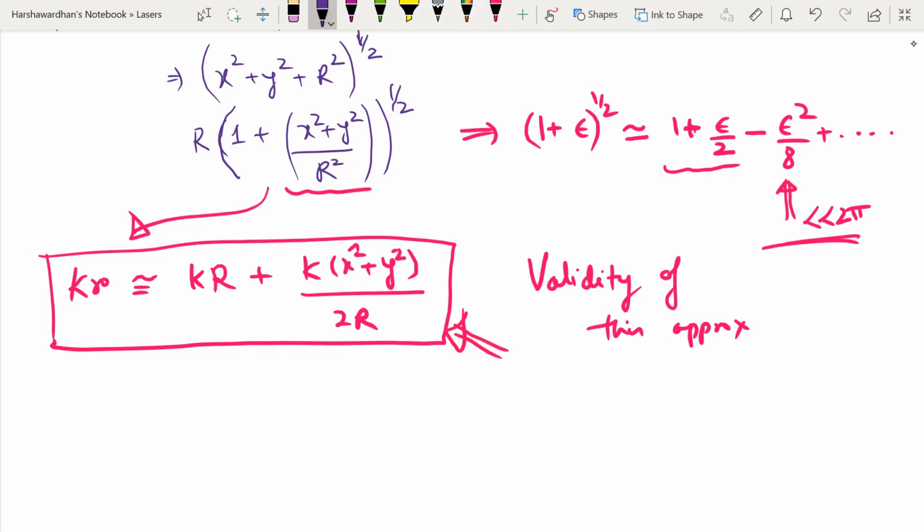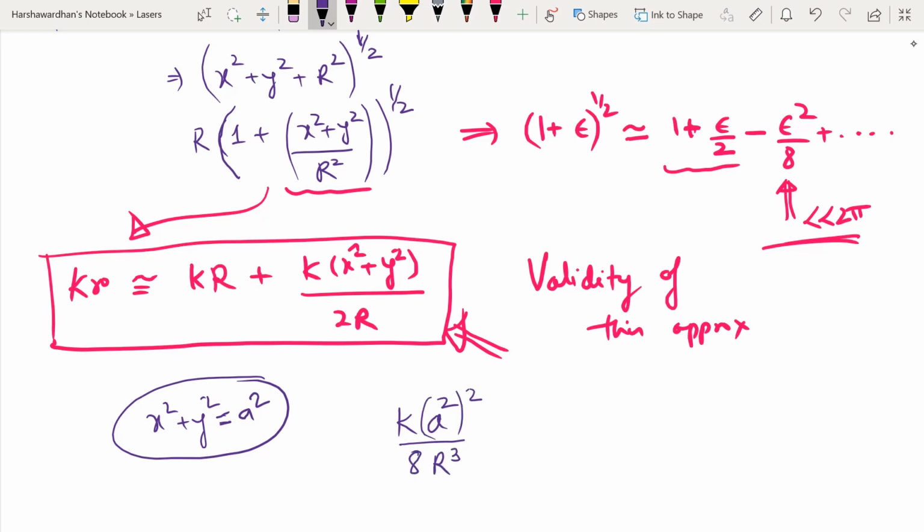So to ensure that, I'm calling x square plus y square as some a square. So my k times a square by, this is going to be the next term, and this has to be much smaller than 2 pi.